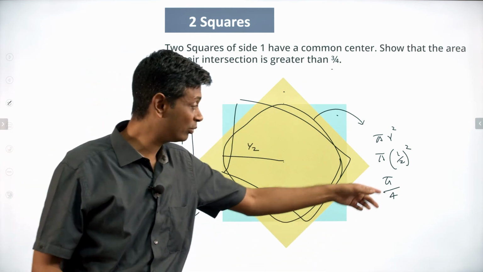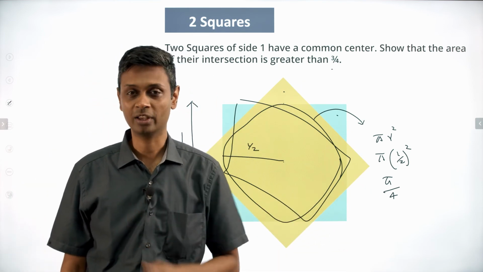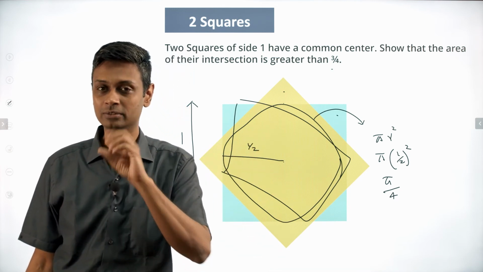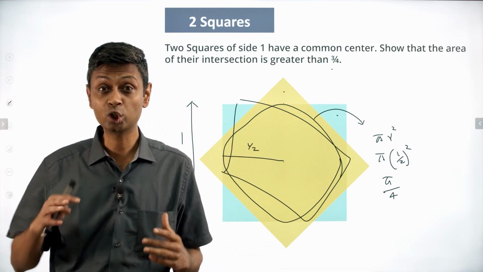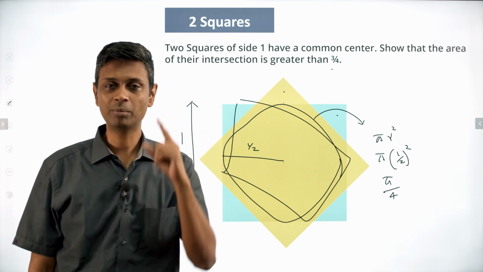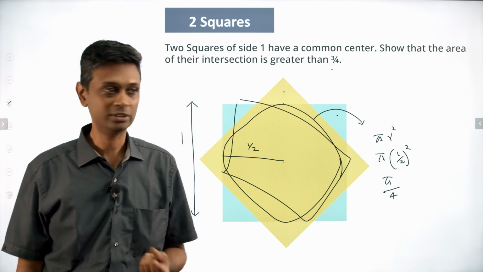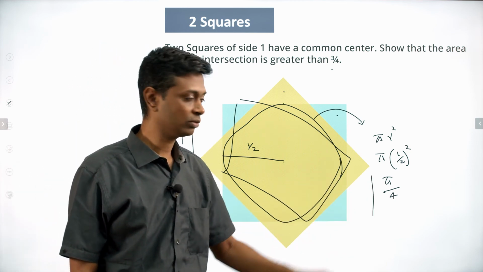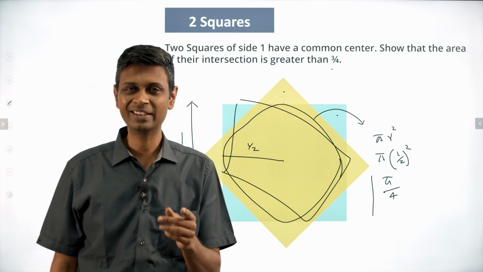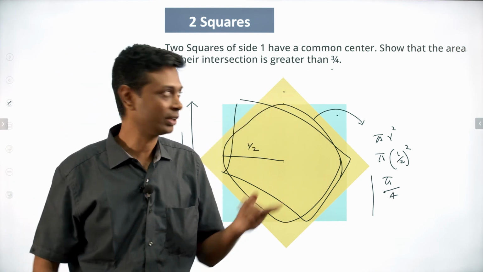We know that pi/4 is definitely common. Pi is more than 3. The moment we put the circle in between, in that place, you can say for sure that the circle is definitely common, sitting inside all those squares. The moment you know that the circle is sitting inside all those squares, we know that pi/4 is common for all those squares. You know pi/4 is common, we know it is greater than 3/4. Pi is greater than 3. Pi/4 is greater than 3/4.